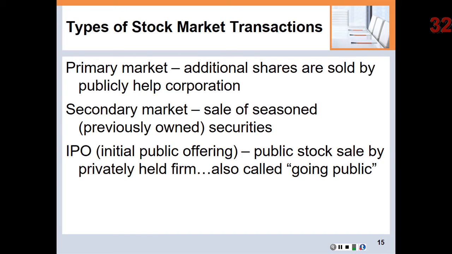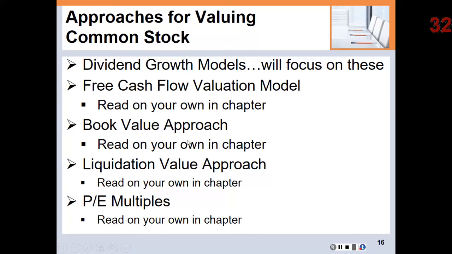You're just buying and selling at a specific price in the secondary market. So all of the share prices that we saw earlier on the screen changing price up and down with the green and red blocks, those were secondary market transactions. That was people buying and selling literally hundreds and hundreds of millions of shares of stock each and every day. So you need to know the difference between these three different types of market transactions.